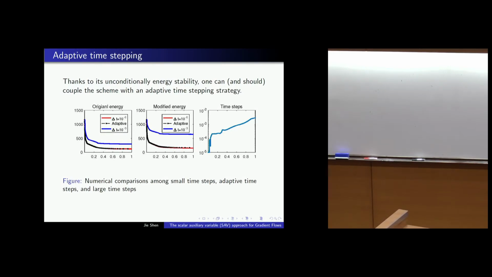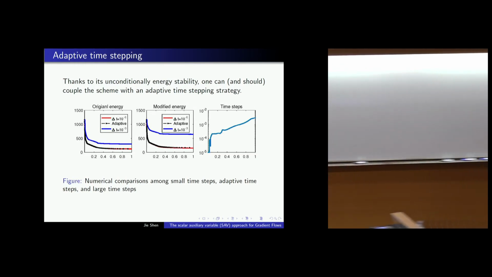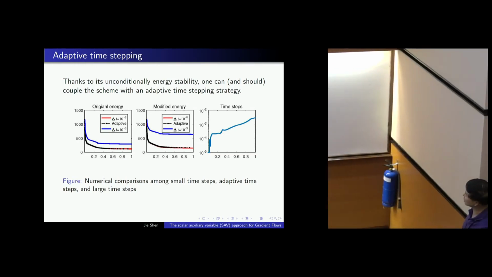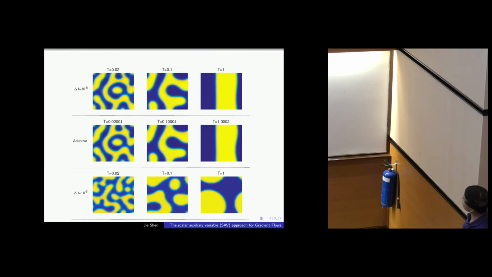And here are the time steps from time t equals 0 to 1. You see that you start with a time step of 10 to the minus 5. You gradually can increase your time step to a couple of hundred times larger, right? So adaptive time stepping is really the way to maximize the efficiency of your scheme.